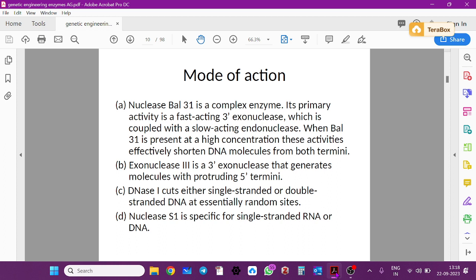That's pretty well. The next important one is DNase 1. DNase 1 cuts either single stranded or double stranded DNA essentially at random.